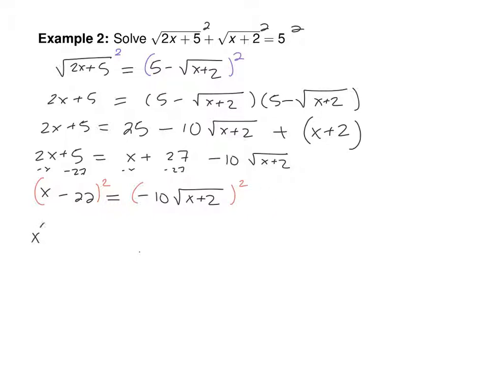That becomes x squared minus 44x. I don't have 22 squared memorized, but my notes say it's 484. Equals 100 times the quantity x plus 2.